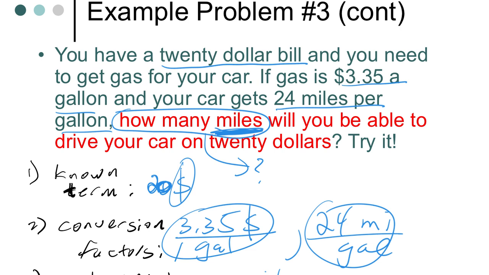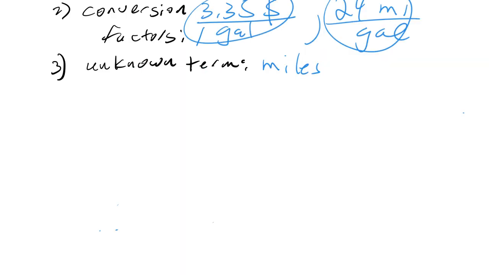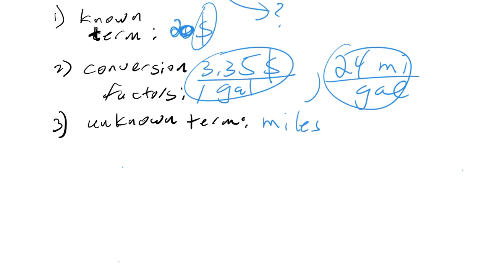The unknown is how many miles will you be able to drive your car with this $20. You could start with your known term, $20. Well, this is weird because, no, it isn't. So I'm going to start with my known term, $20.